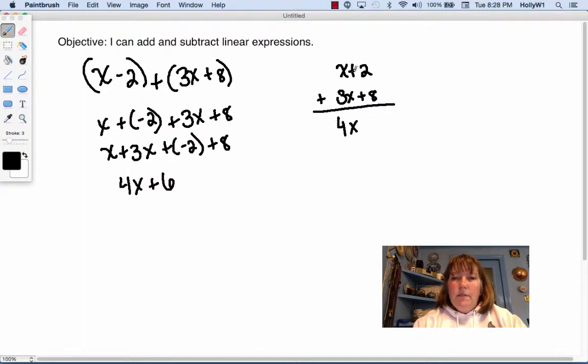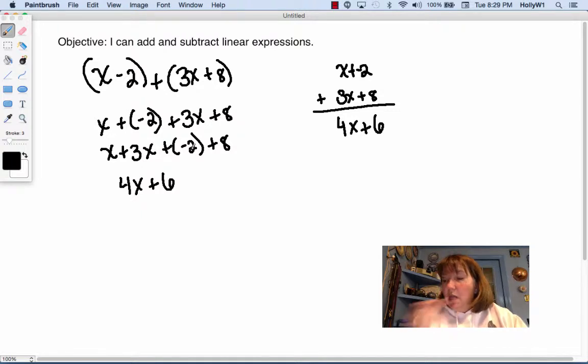And we can think of this as adding a negative 2. So we have negative 2 plus 8, which is 6. See how that's vertical. This looks like more work, but it's the way that we've been talking about expressions. This looks like a whole lot less work because you set it up this way. But the only way that this works is if you have two linear expressions. So that is two different ways to do this.